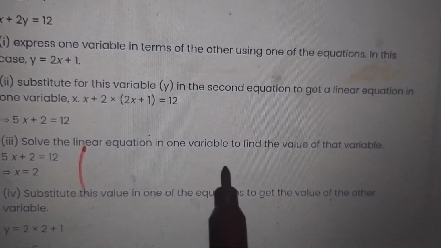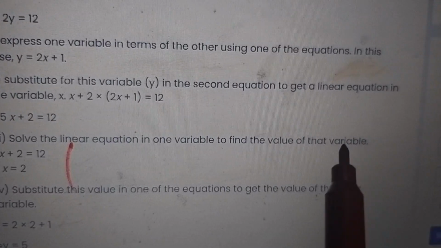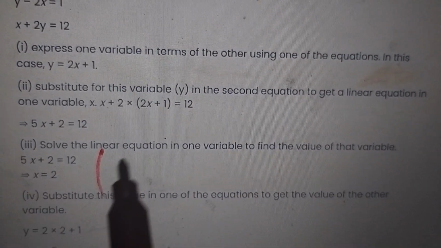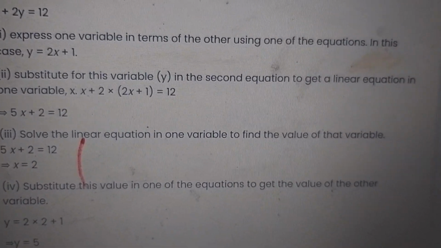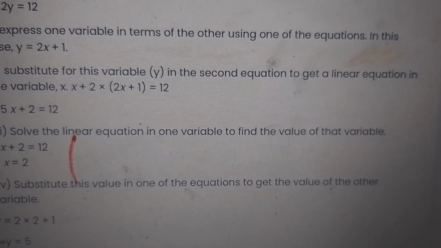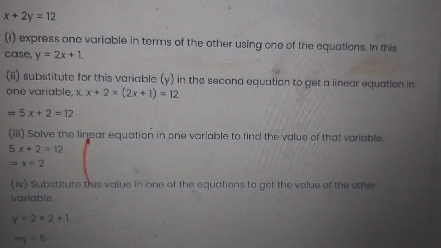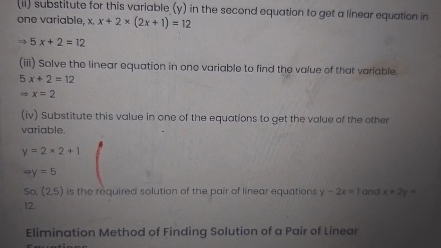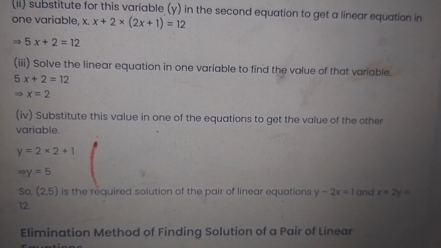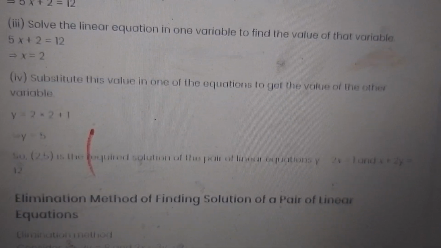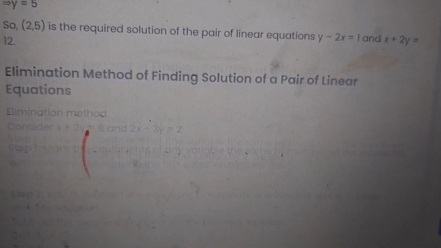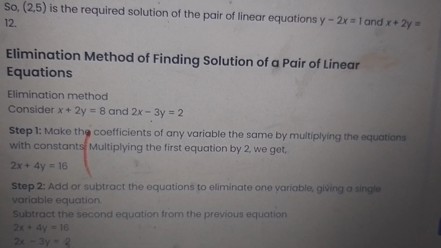Now solve the linear equation in one variable to find the value of x. Substituting the x value in either of the equations, we get the y value. Children, like this we have to focus on the given problem and how to solve it. The substitution method is easy, children.